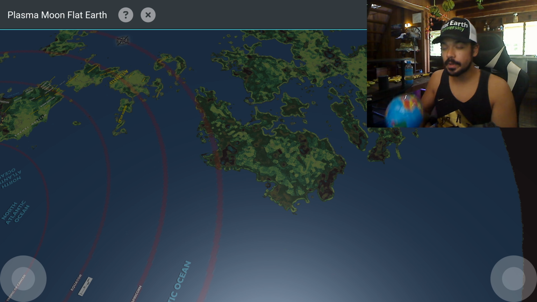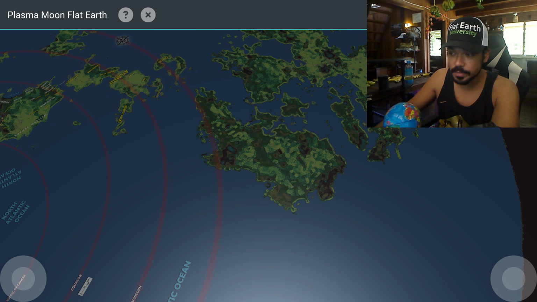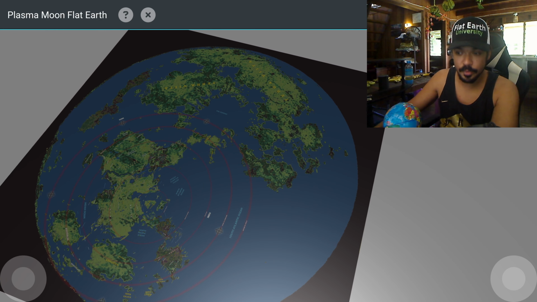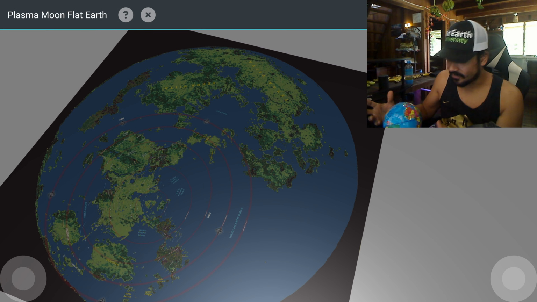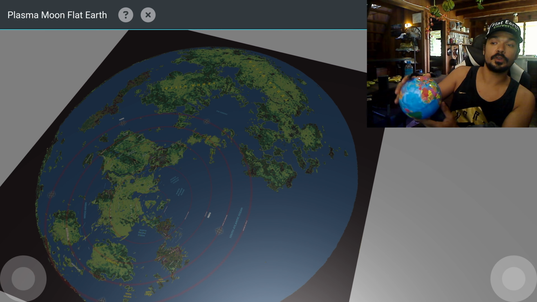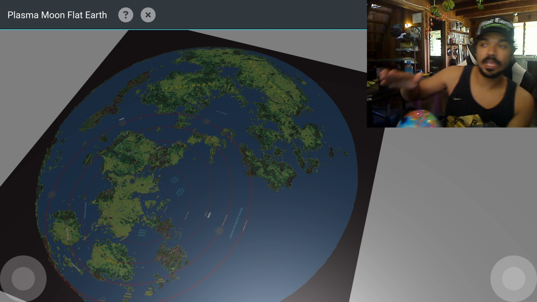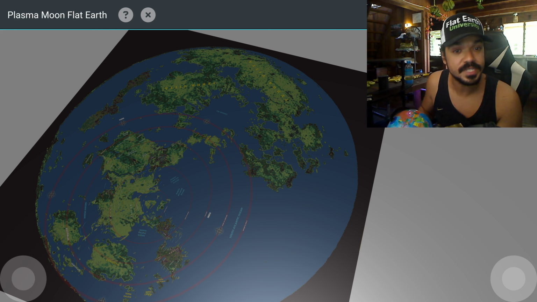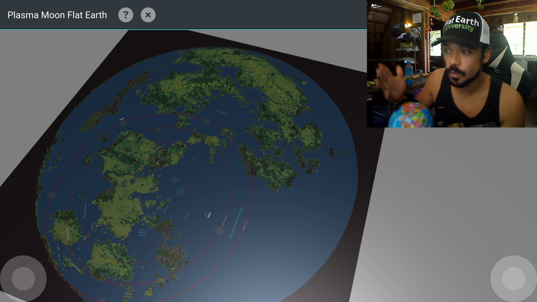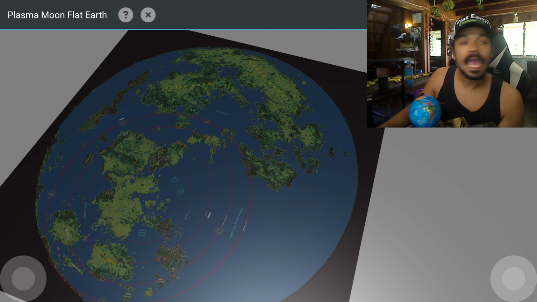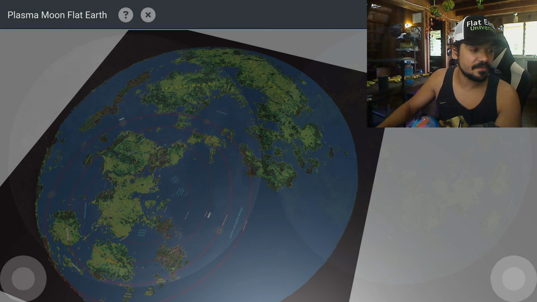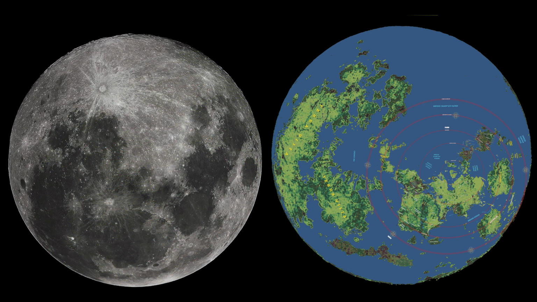So that's what makes the Vibes of Cosmos framework, the plasma moon map, so profound, because you have the known land, but it's flattened out in such a way that you can go farther south in latitude than what they want you to know about. And it's all based upon scientific first principles. It's based on the moon being a map of the Earth and then deducing out all the land from that.